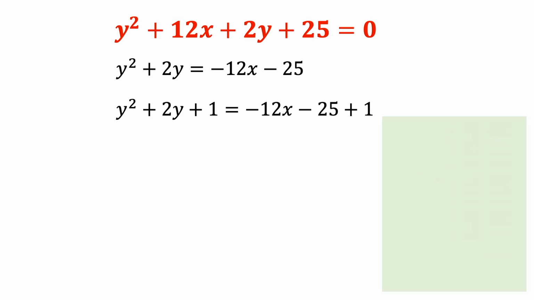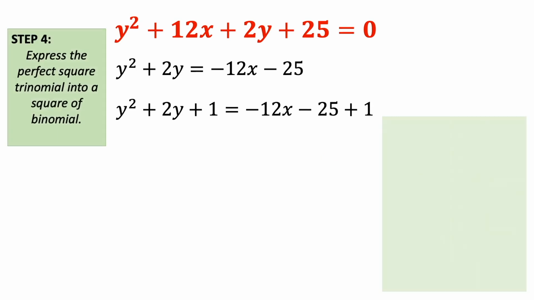After the completing the square, we will express the perfect square trinomial on the left side of our equation as a square of a binomial.